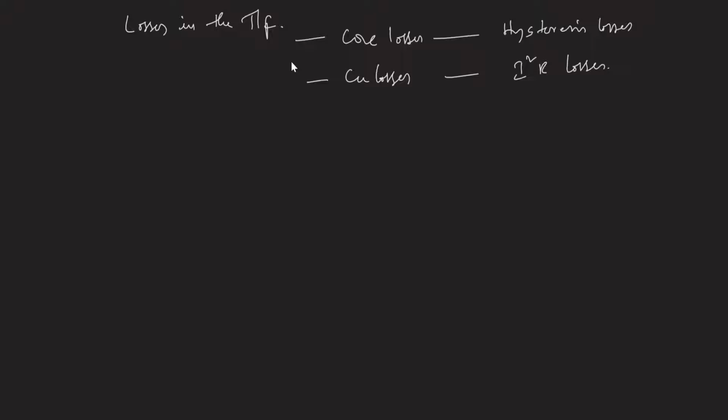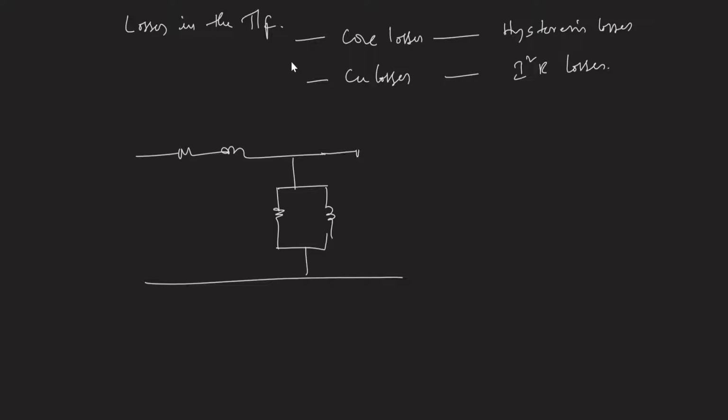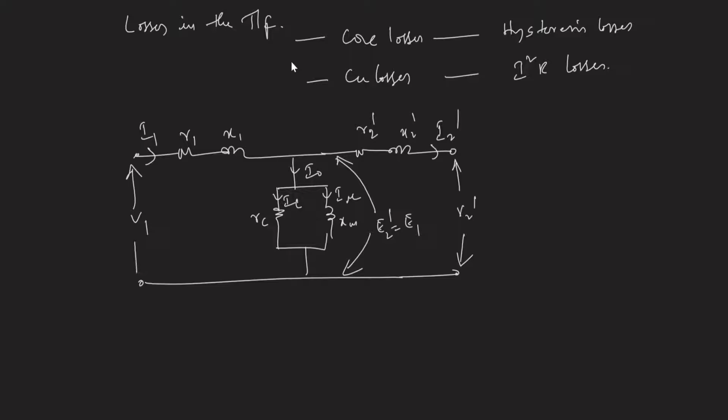Now these losses are accommodated in the circuit diagram. Let me take the exact circuit representation of the transformer, with all parameters onto the primary side. The core loss component is represented in the equivalent circuit by the RC component, right?